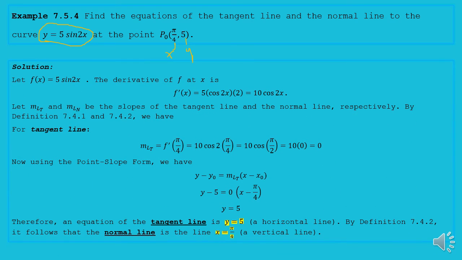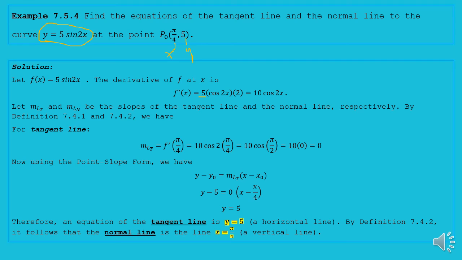Okay, first is get the derivative of the given curve. So let f of x equals to 5 sine 2x. The derivative of f at x is eto siya. So, di ba, ang derivative, pag ganito, pag may constant or numerical coefficient sa unahan ni trigonometry is isulat lang yan as is lang siya. Kasi hindi pwedeng kunin yung derivative niya kasi magiging 0, di ba?